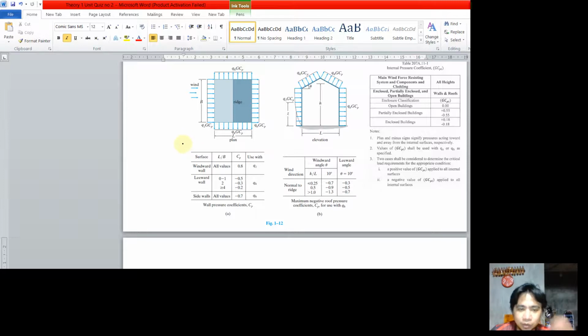So we're going to use the value of L over B of 1 with corresponding Cp of negative 0.5. Somewhere here is 1.43 for L over B, so we're going to use the upper limit of negative 0.3. We note here that this is to be used with QH.